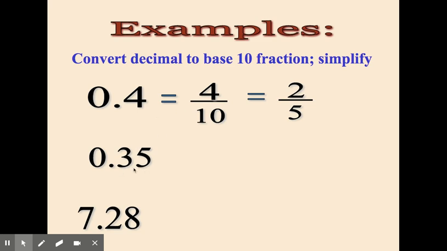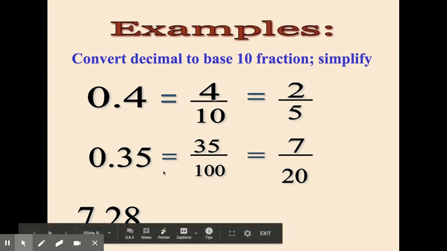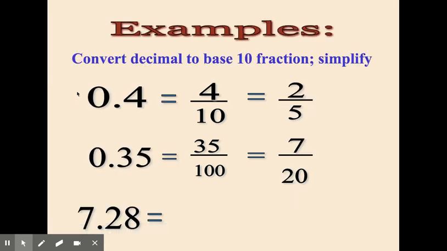This 0.35 would be read as 35 hundredths. Can be reduced down to 7/20ths. I can divide both of these by 5. And the last one, 7.28. I can read that as 7 because it's still a whole number and that's in front of the decimal.